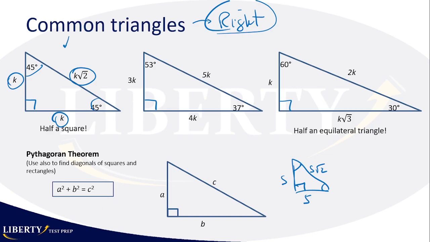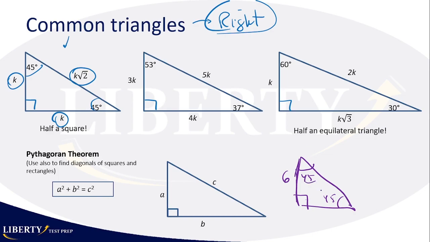Now, that's very useful if we see something like this, right? Sometimes they could give us a right triangle, 90 degrees, one of the angles is 45, and the length of one of the legs is 6. What do we know? First of all, we know that the other angle is 45, right? Because 90 plus 45 plus the other angle have to add up to 180. So the only possible value for the other angle is 45.